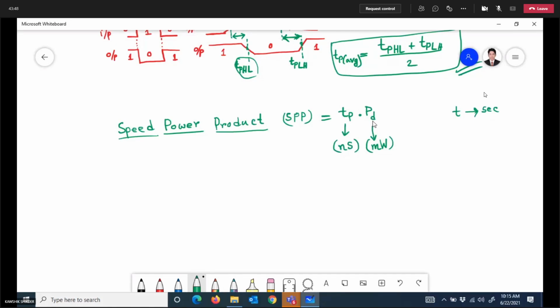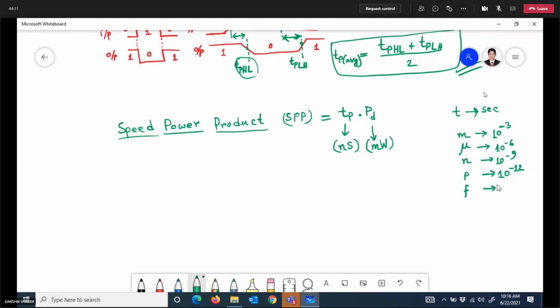So are you familiar with these multipliers: milli, micro, nano, pico, femto? M is for 10 to the power -3, micro is 10 to the power -6, nano is -9, P is for pico, which is -12, not meter, it's pico.